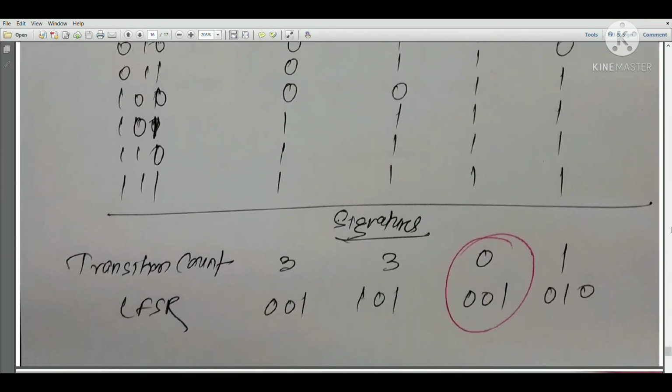The signatures that we are getting from transition count are 3, 3, 0 and 1, and for LFSR we are getting 0, 0, 1, 1, 0, 1, 0, 0, 1 and 0, 1, 0. Now you can say from this analysis that we are able to detect no faults in case of transition count, and here we can generate a pattern for 0, 0, 0, 1 to detect that fault. So obviously LFSR is providing the output for testing all kinds of possibilities and all kinds of faults where transition count is not that efficient.